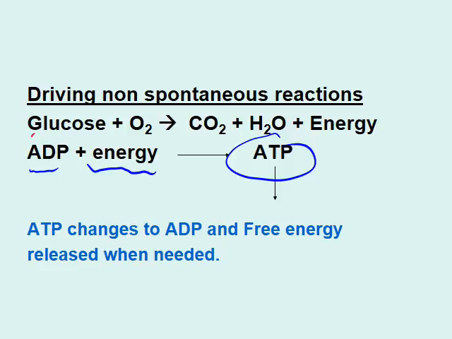However, the top reaction, glucose reacting with oxygen, happens like this: all the starchy compounds that we eat break down into glucose, and that goes through our bloodstream, and then in every cell it reacts with the oxygen that we breathe in, and that gives carbon dioxide, water vapor, and energy.